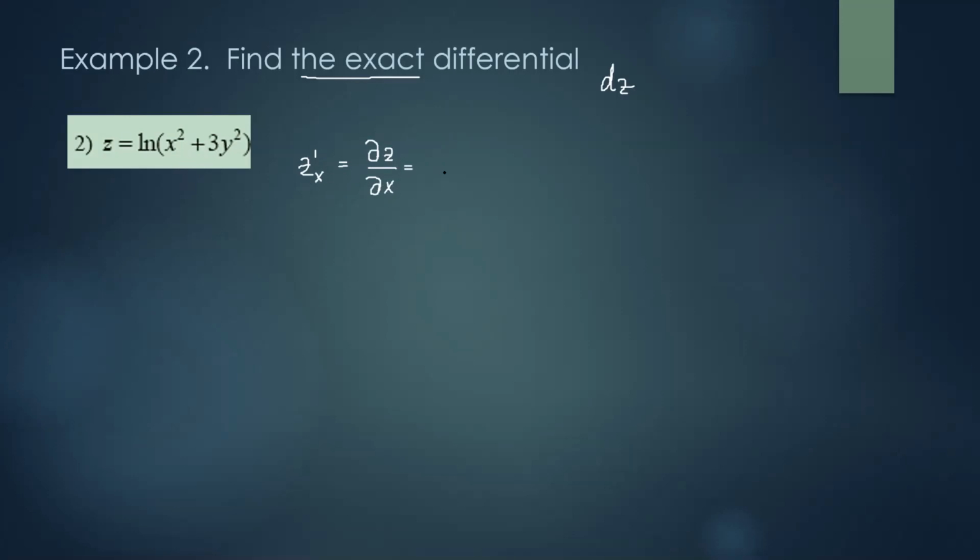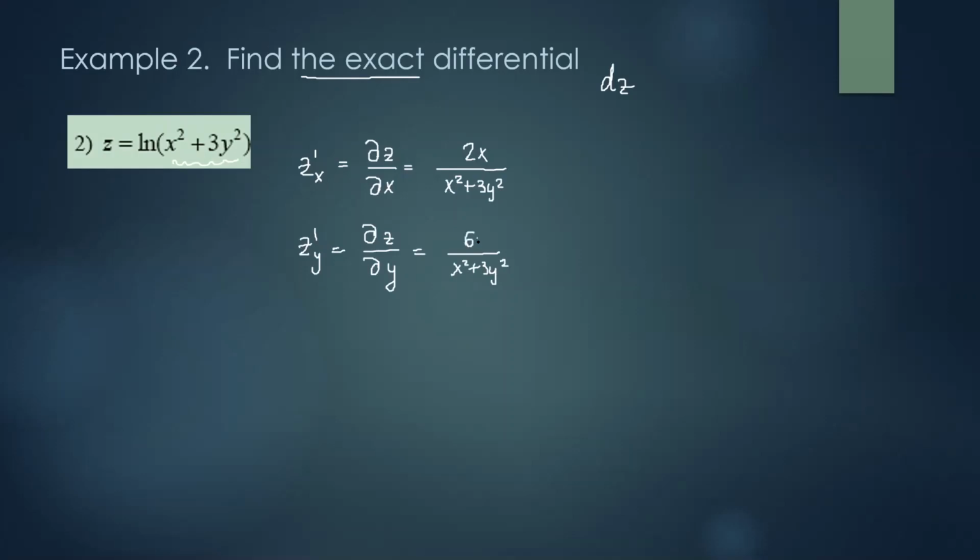So in this case, it would be 1 divided by x squared plus 3y squared times the derivative of this expression, of course, only by x. So it's just 2x. That's it. The derivative with respect to y is again the same. Divide by x squared plus 3y squared and multiply by the derivative of this expression, which is by y.